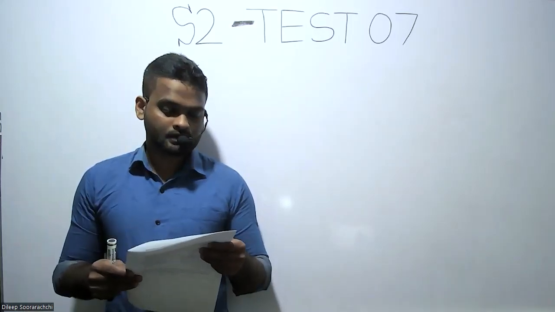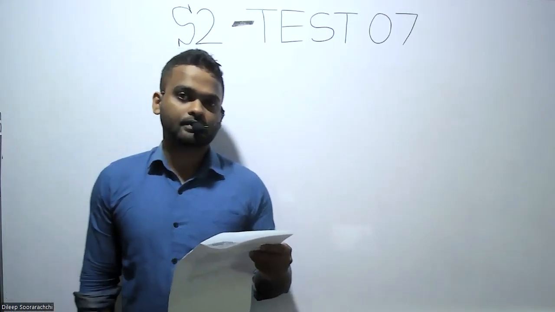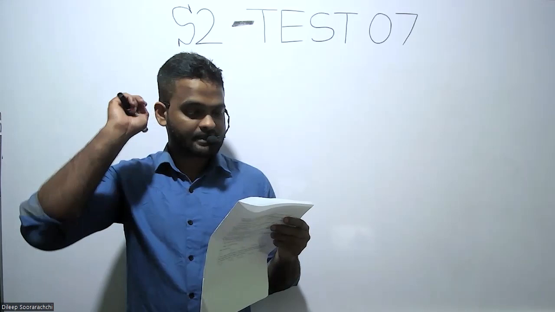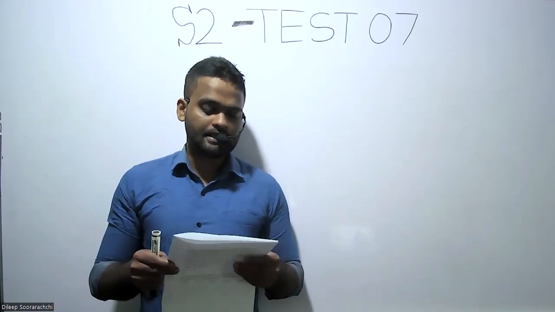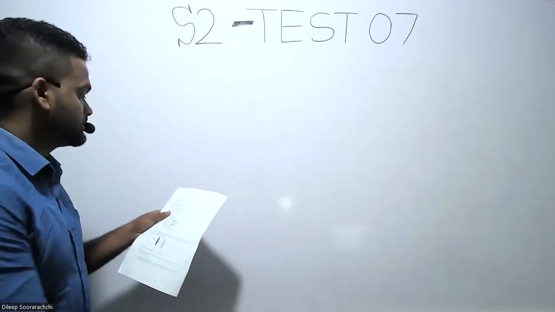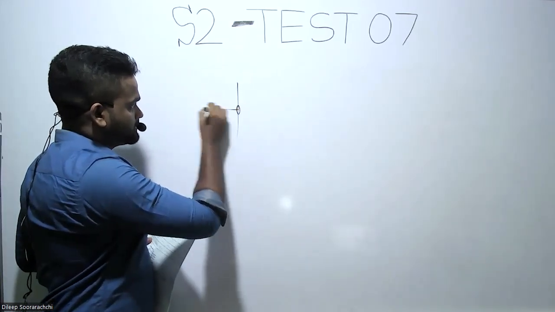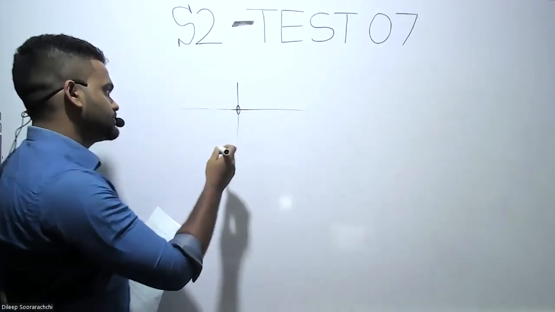Third one: in front of a convex lens with focal length 15 centimeters, when an object is placed at a distance 20 centimeters, the linear magnification of the image is... okay, so this is what happens. We have this convex lens. I'll just draw a sketch.